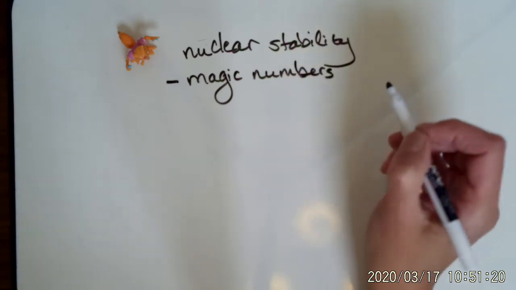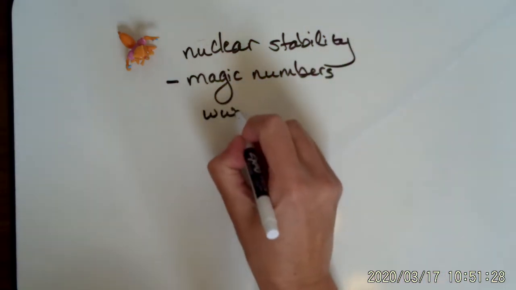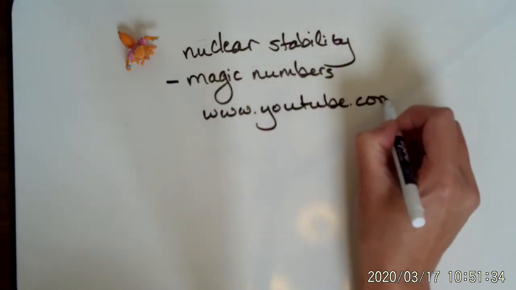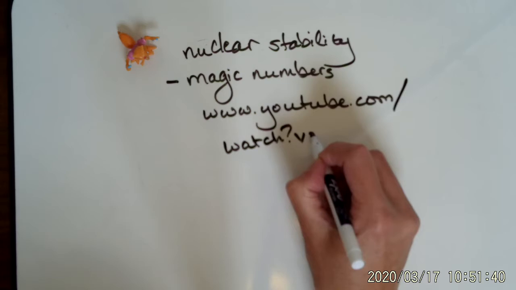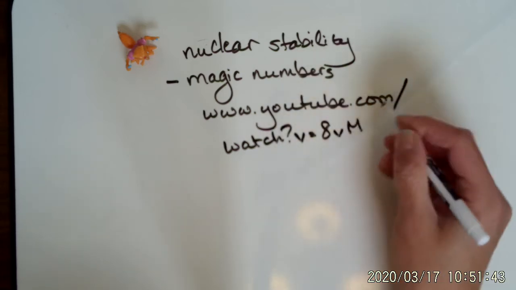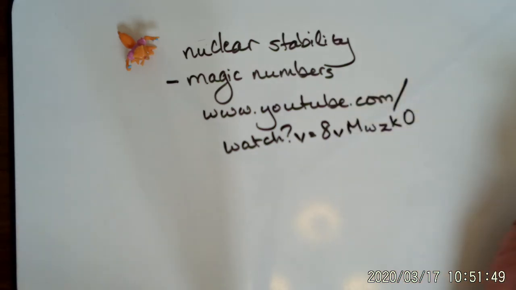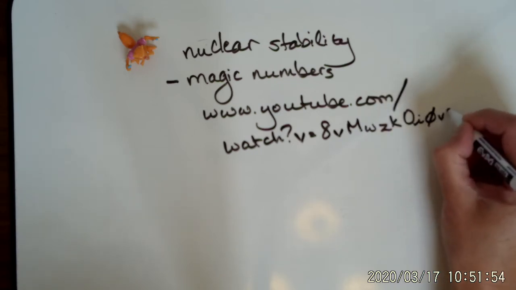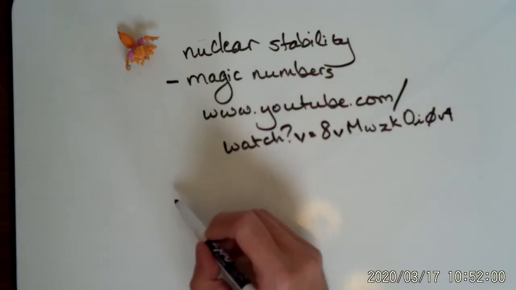And I highly recommend looking at this YouTube video that describes how we get our magic numbers. He explains where the magic numbers come from.